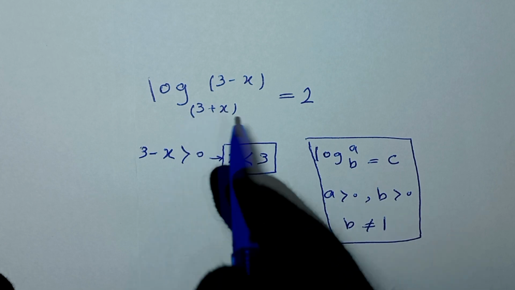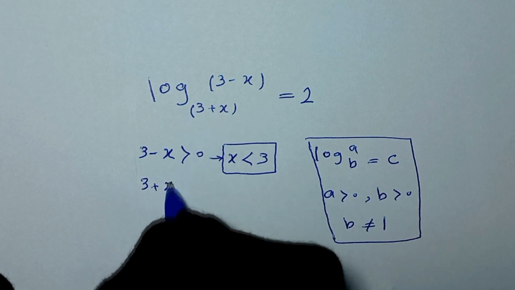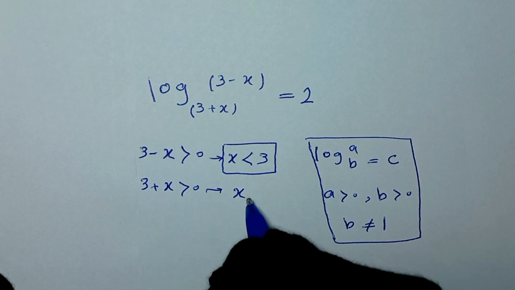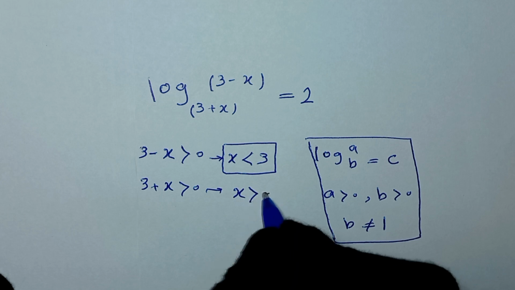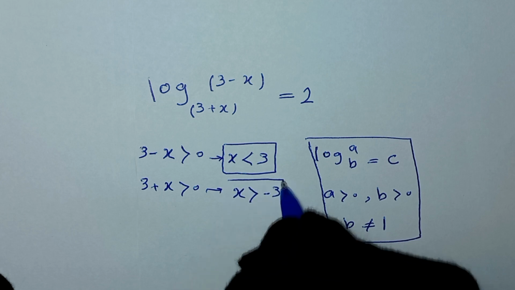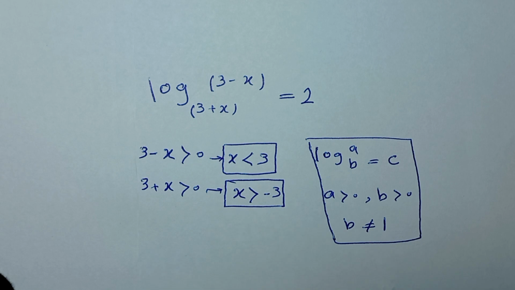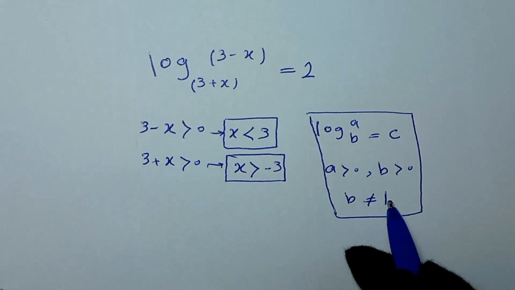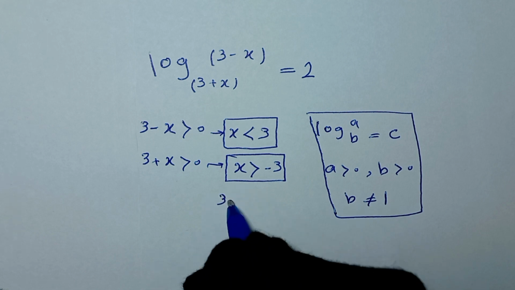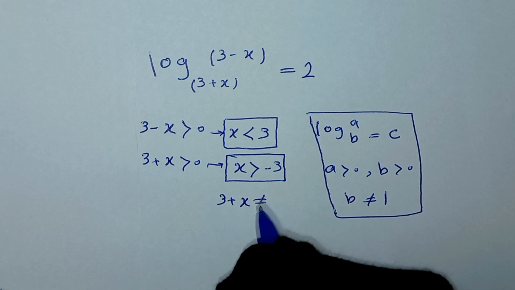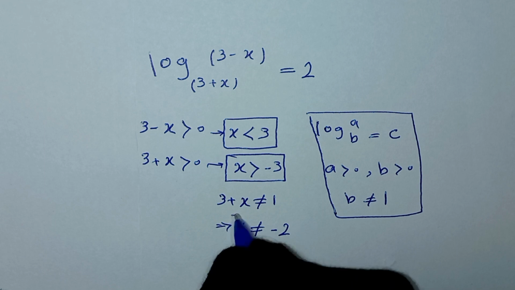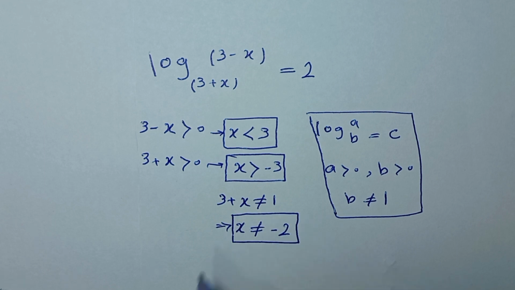And also in here 3 plus x should be greater than 0, and in here x should be greater than negative 3, and this is our second condition. And b should not be equal to 1, so 3 plus x should not be equal to 1, and in here x should not be equal to negative 2. Okay?